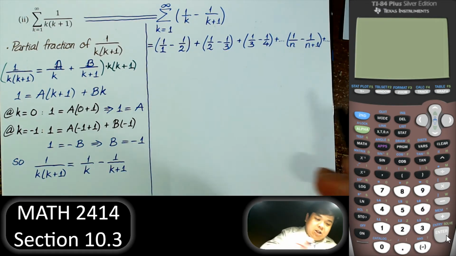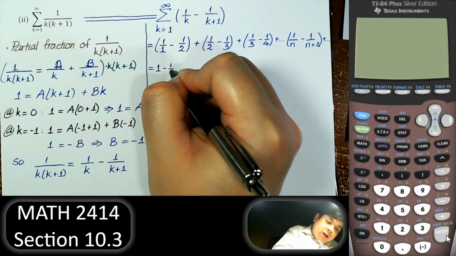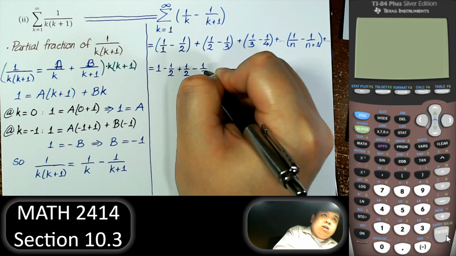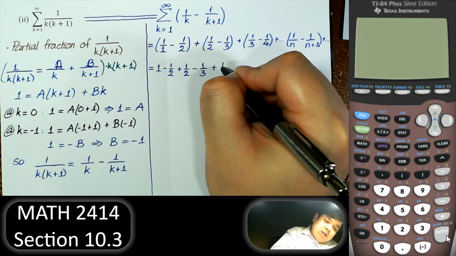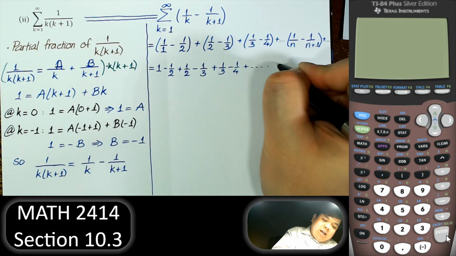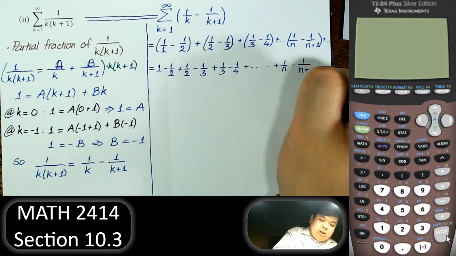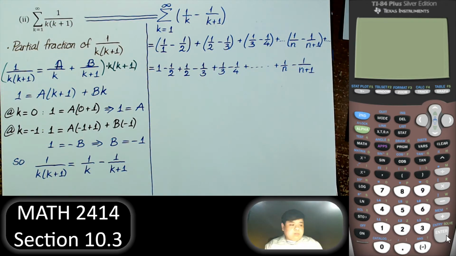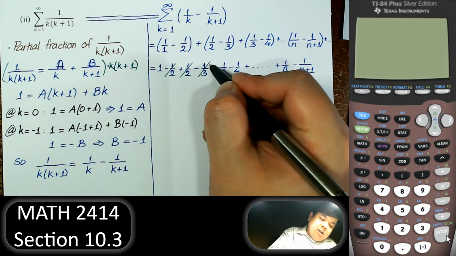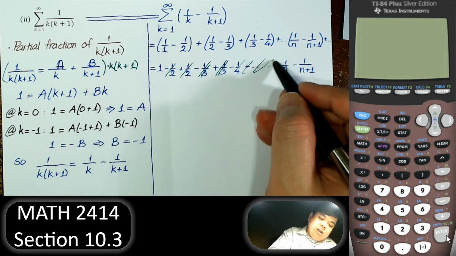Right. Now let's just rewrite this without the parentheses. 1 minus 1 half plus 1 half minus 1 third plus 1 third minus 1 fourth. And then we have 1 over n minus 1 over n plus 1. Now, of course, there are a lot to cancel. This, and then pretty much everything we cancel here.